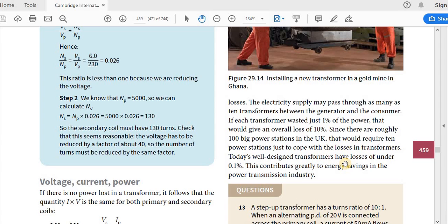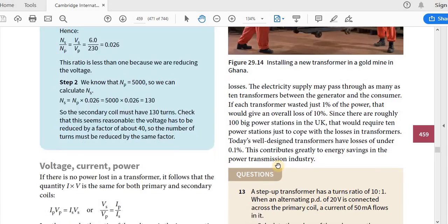Today's well-designed transformers have losses of under 0.1%. This contributes greatly to energy savings in the power transmission industry. So they have designed the transformers so that they are very, very efficient, meaning the power loss is under 0.1%. So it's about 99.9% efficient.